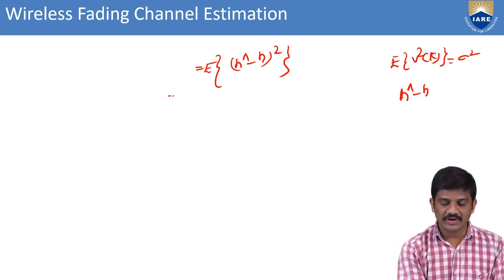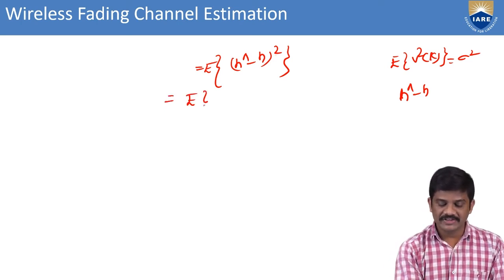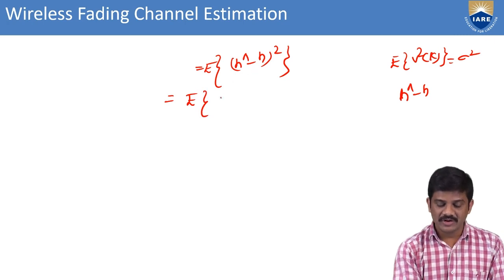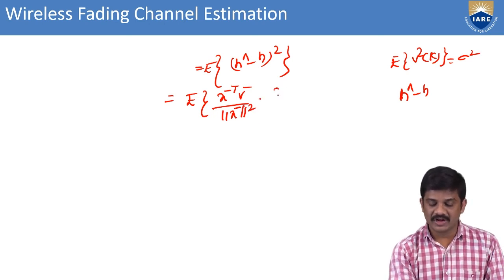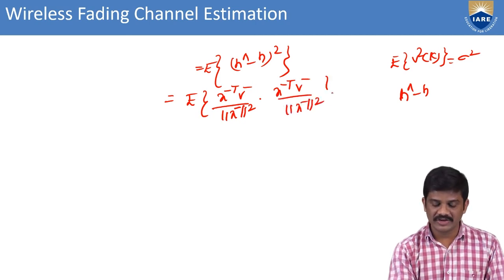From this we can write h hat minus h whole square equal to x transpose and v bar by mod x vector whole square. This is h hat minus h, and again we write h v transpose by v bar by x bar whole square, like that in the estimation.